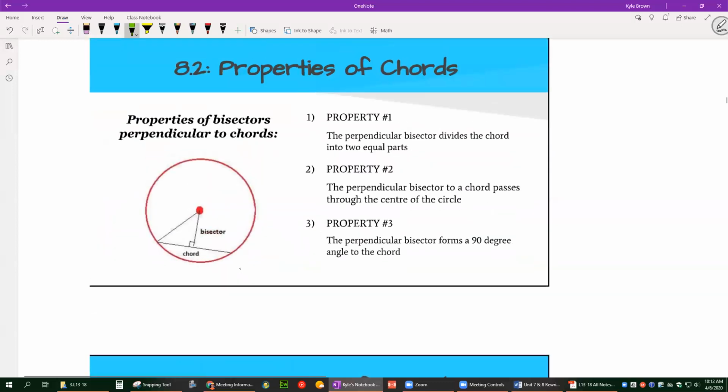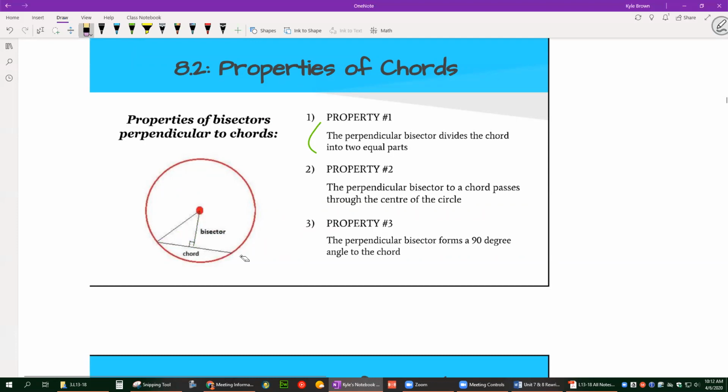So here, 3 properties. These are going to be properties that we're going to use to do some math. Property number 1 is that the perpendicular bisector divides the chord into 2 equal parts. So what I just said there, right? So this is cutting this chord into one part over here and another part over there, 2 different parts. Okay.